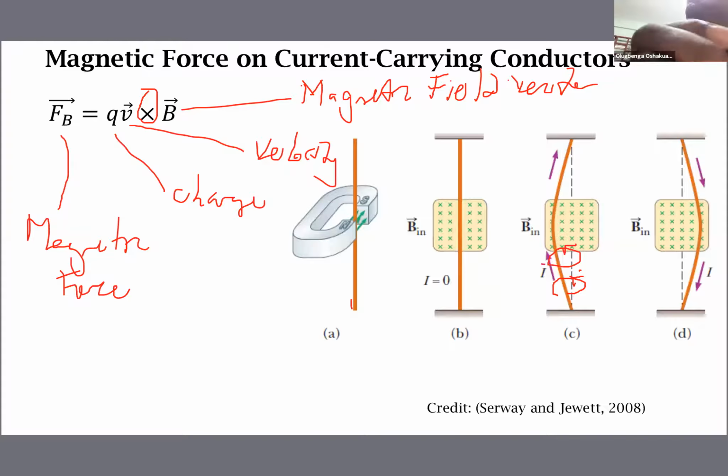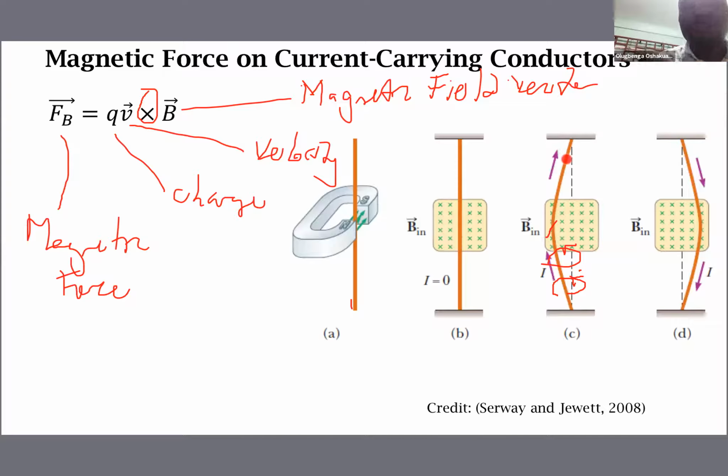When it gets to the region where the external magnetic field is applied, it will respond, and the response will be as a result of magnetic force.